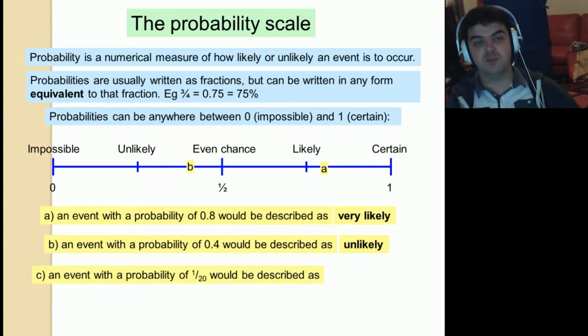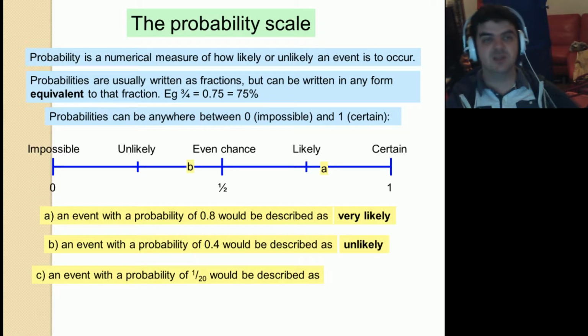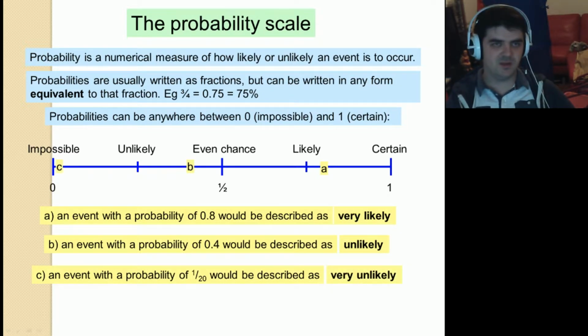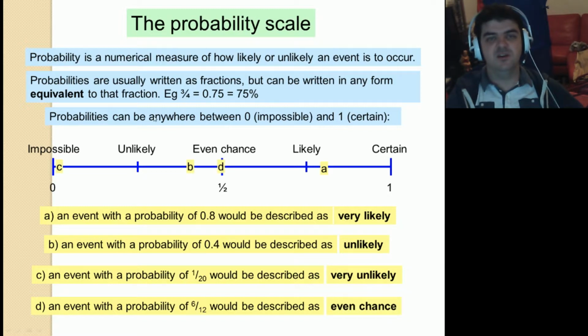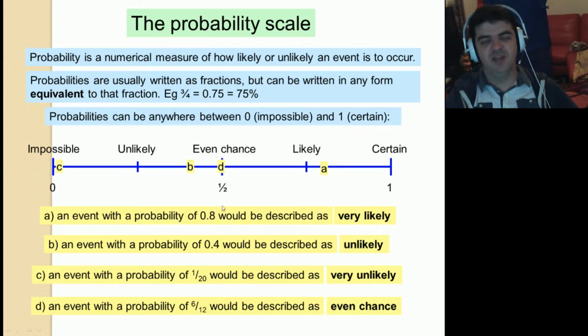Third one, probability of 1 over 20. That's going to be nearly impossible, or very unlikely. It's going to be right down the bottom down there. An event with a probability of 6 over 12. Well, 6 over 12 simplifies down to a half. You're going to say that's even chance. And that's how we use the probability scale to define probabilities using words from figures.